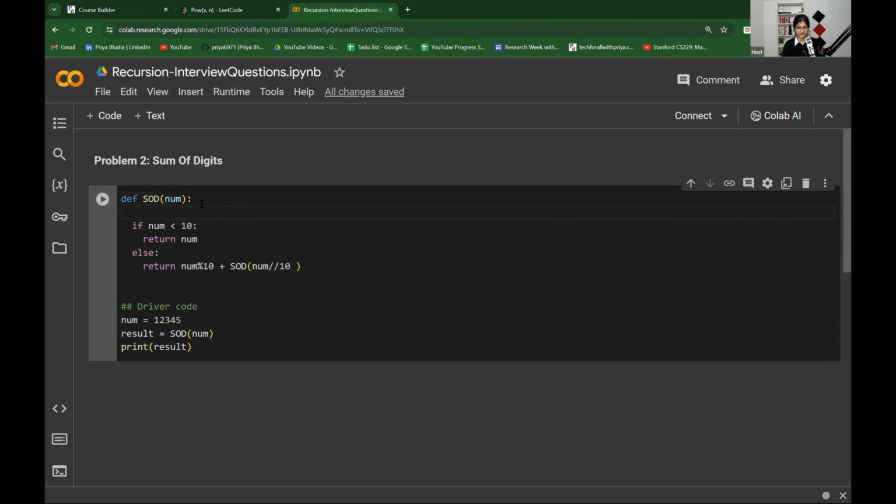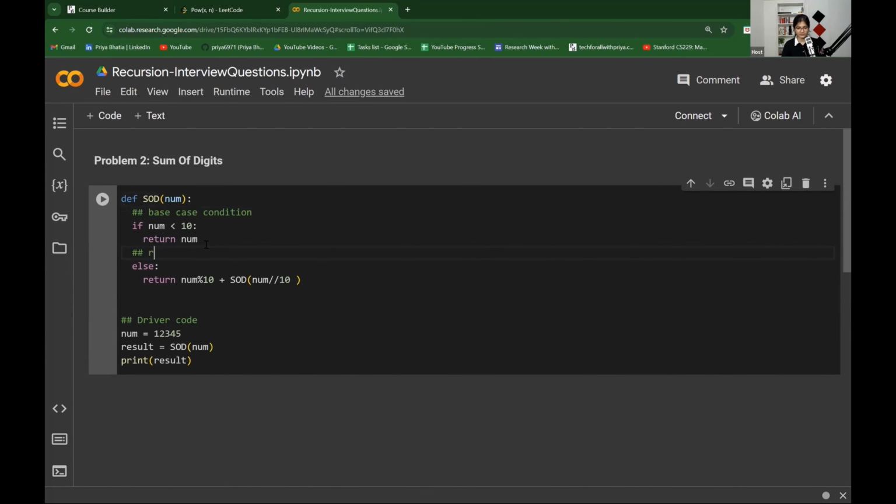Two components. One is the base case condition. The second component is the recursive function call.